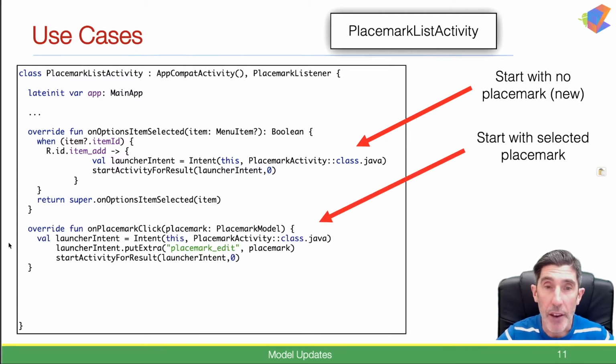Okay. If we have gone into the edit mode, so to speak, and the user has selected a placemark from the list, on placemark click is triggered, which internally we create an intent, add a placemark through that .put extra, tag it with placemark underscore edit, and start activity for result, again launching the intent targeting placemark activity, but this time we have passed a placemark with the intent.